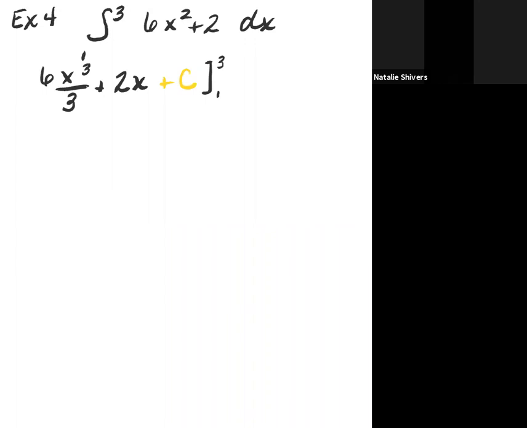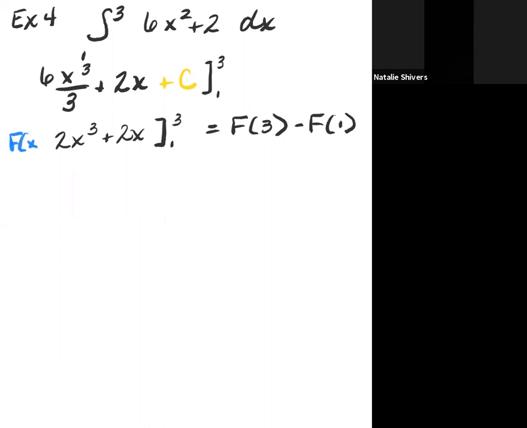So I'm going to make this 2x cubed plus 2x. Makes it so much easier from 1 to 3. So now we're going to use that fundamental theorem of calculus, which tells us we need to do f at 3 minus f at 1. Well, this is technically f of x. We did that last section. So I'm going to put 2 times 3 cubed plus 2 times 3. That's my first one.